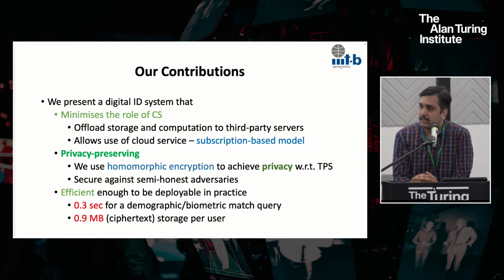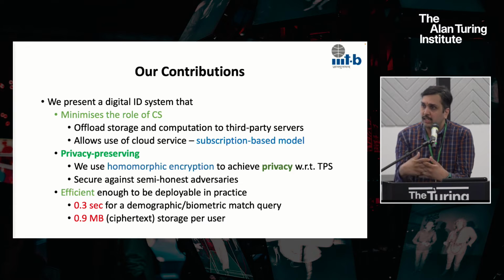So what we present is a digital ID system that enables the use of third-party cloud service providers. We use a privacy-enhancing technology called homomorphic encryption to preserve the privacy of the data that is outsourced to third-party cloud service providers. The technology itself offers guarantees for the protection of the data from these providers.